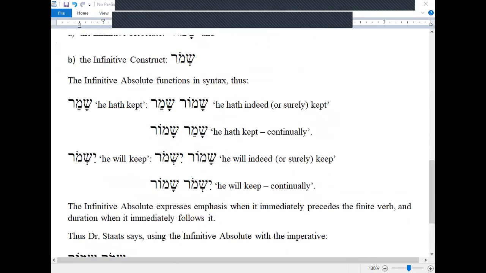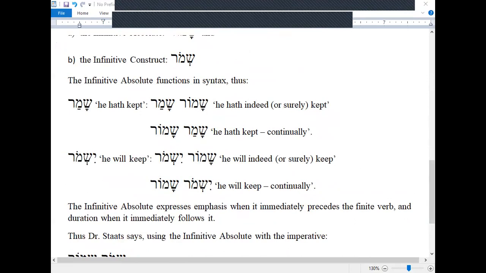And notice in the illustration, shamor shamar would be he has indeed kept, as we saw early on, and shamar shamor, he has continually kept. And then we looked at the imperfect above. Shamor yishmor, he will indeed keep. Notice the infinitive absolute goes before the Qal imperfect here of yishmor.